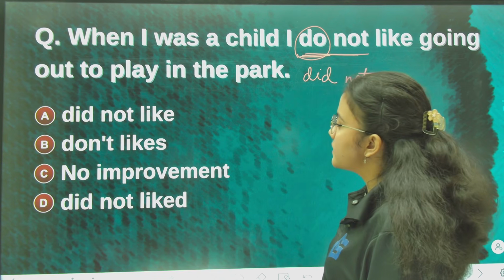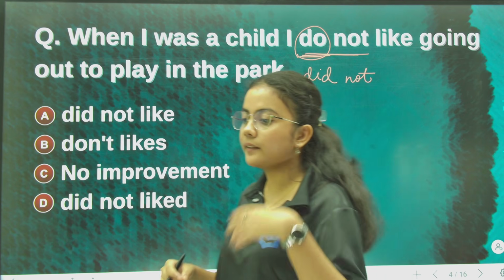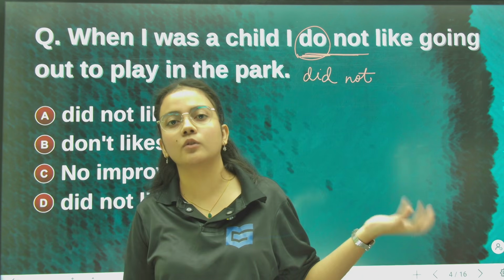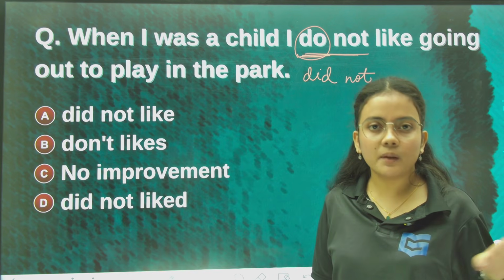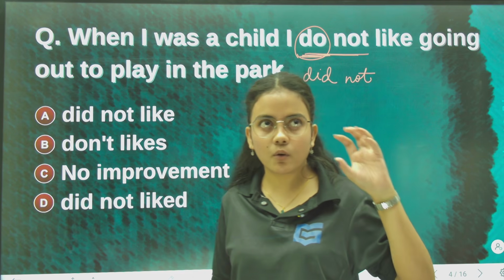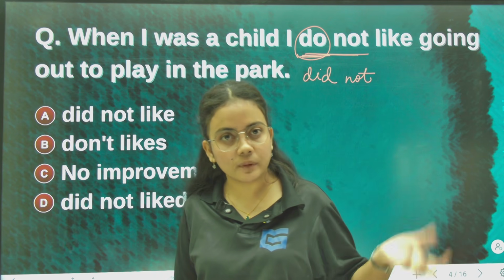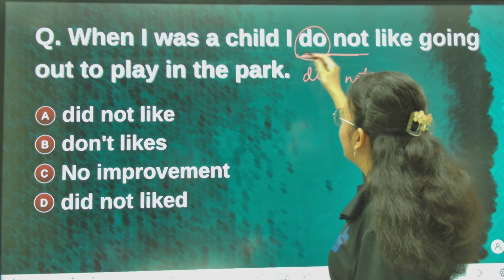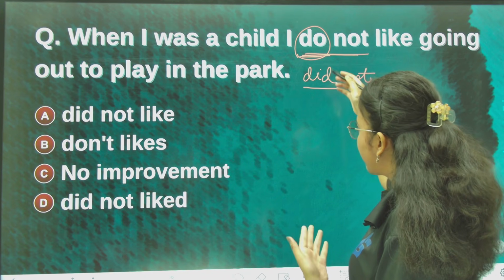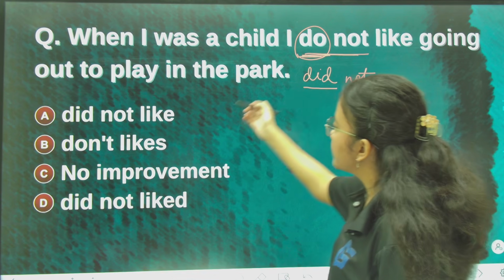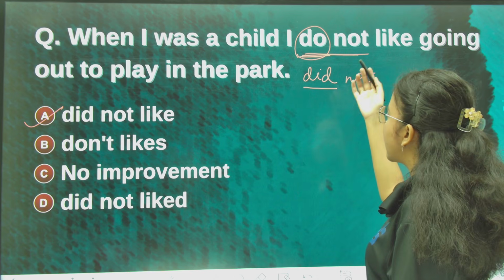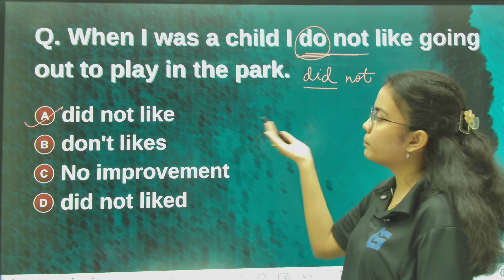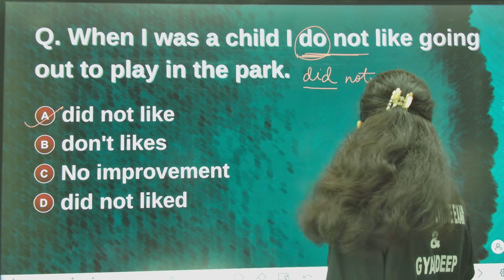The person is talking about something happening in the past, something that has already happened. To show a work that has already happened we use simple past, and the simple past form of do is did. So the correct answer is did not like. When I was a child, I did not like going out to play in the park.